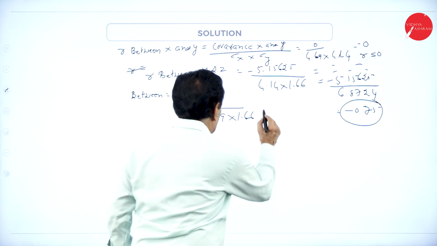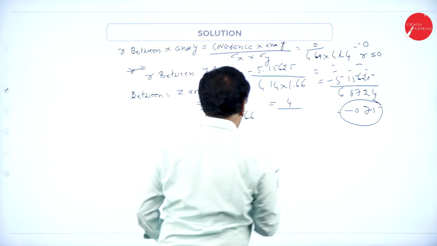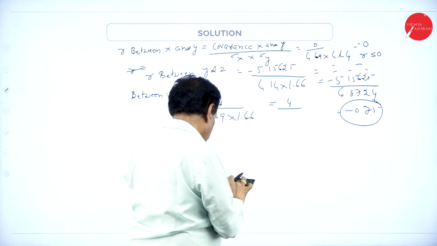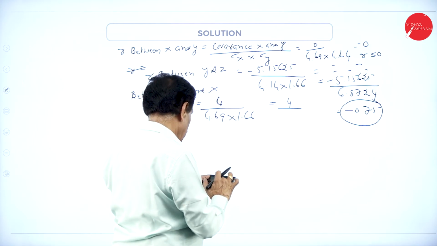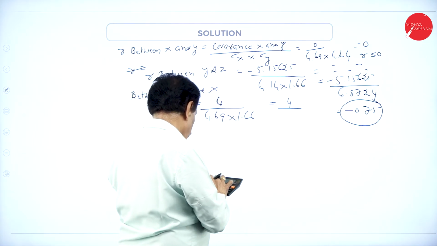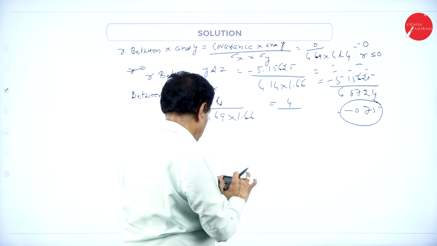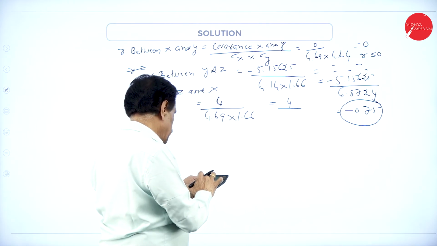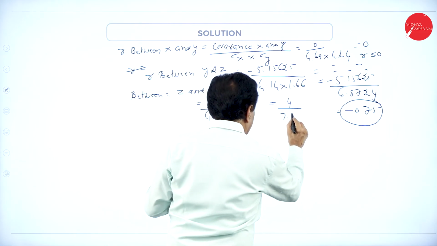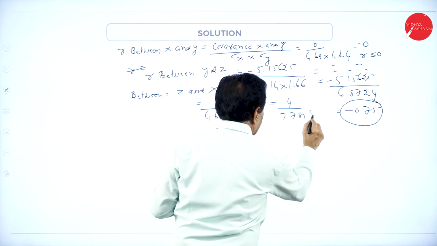So this is equal to 4 divided by 4.69 into 1.66, 7.7854.